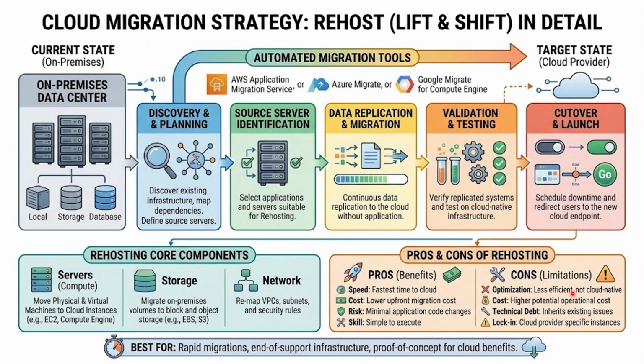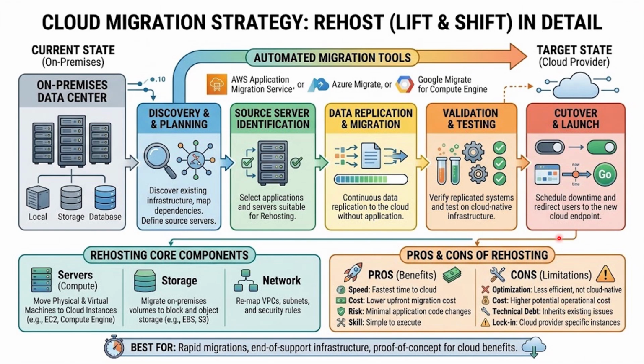Now if a server was poorly optimized or over provisioned for the on-premises data center, sitting at 5% CPU utilization, shifting it directly to a static cloud VM can result in bloated cloud bills as well.